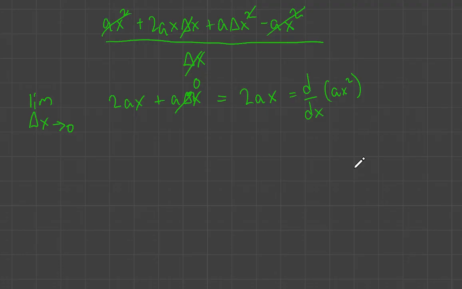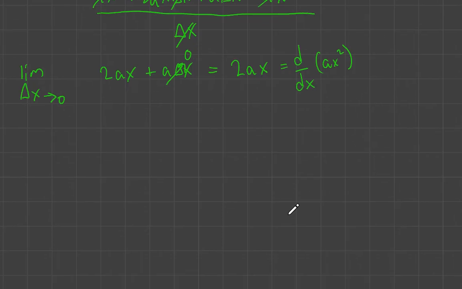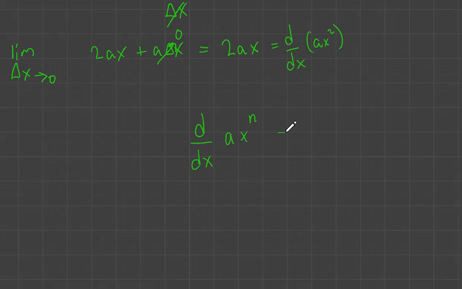And so the rule in this case is that the derivative in terms of x of a times x to the n is equal to a times n times x to the n minus 1.